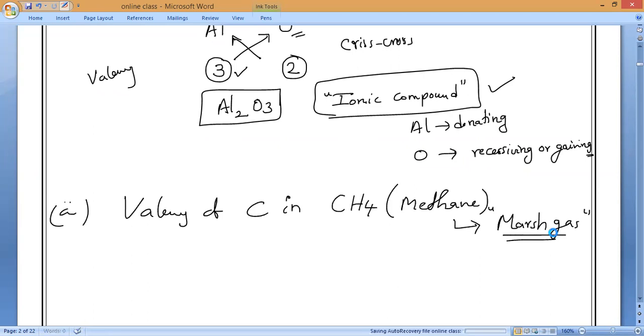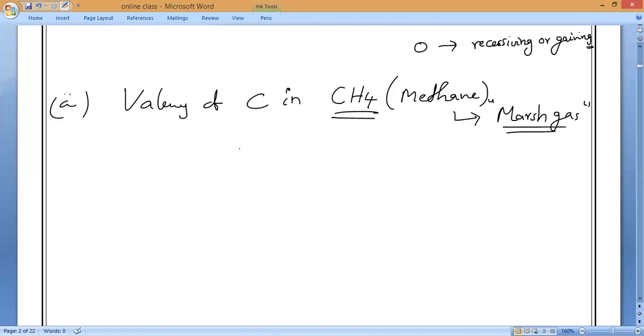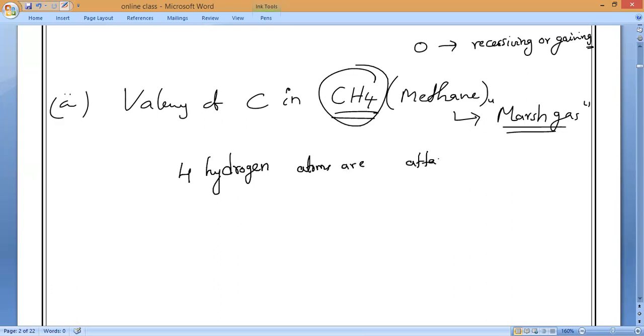Now tell me, what is the valency of carbon in CH4? 4, sir. How? In this molecule, if you observe CH4, how many hydrogens? 4 hydrogen atoms are attached to how many carbon atoms? 1 carbon atom.